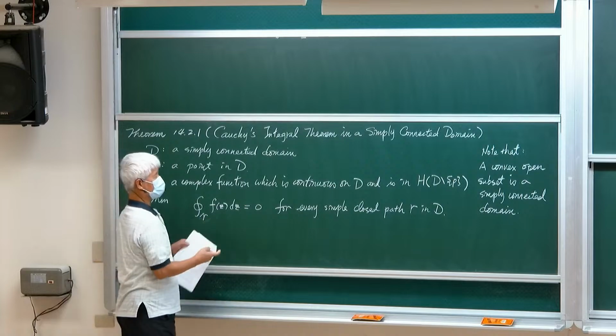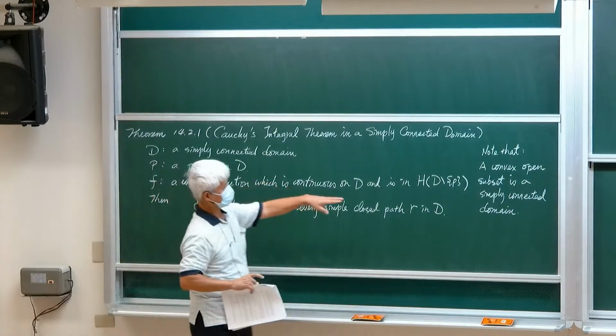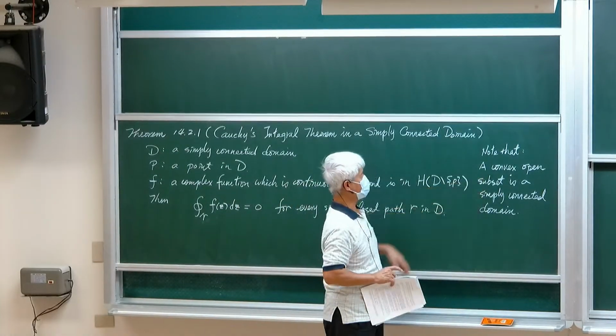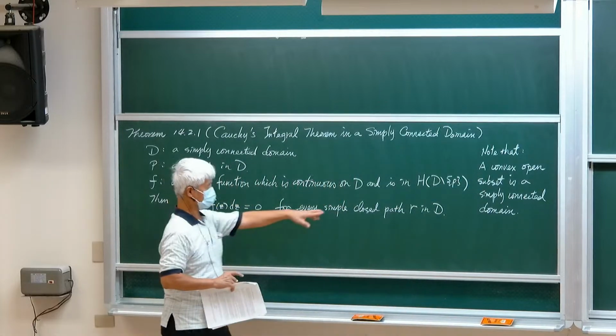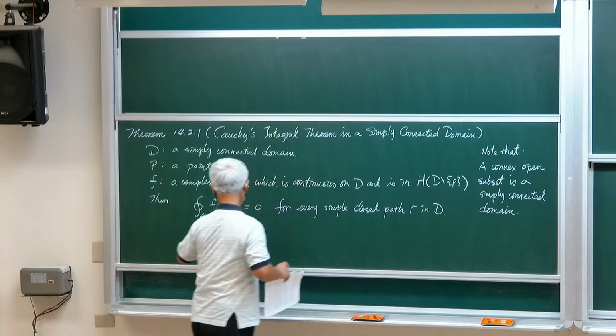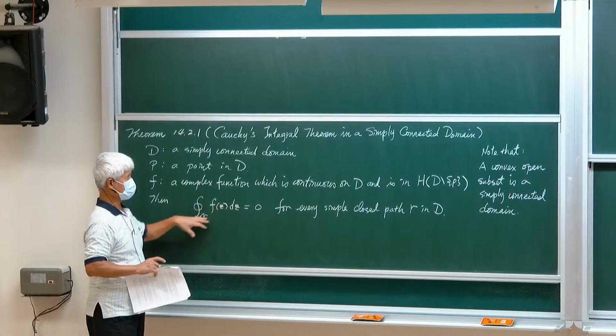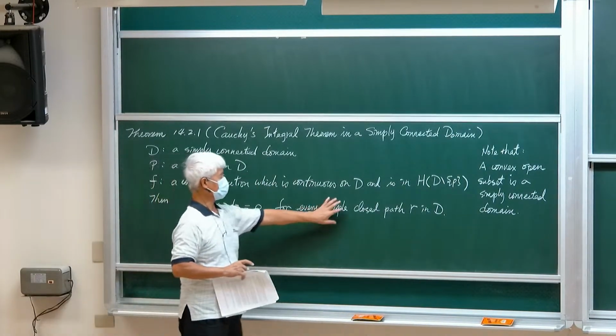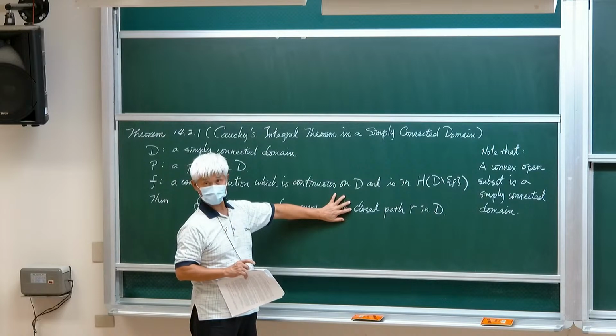So if D is a convex open subset, which is a very special type of simply connected domain, then this identity is true for every closed path, not necessarily simple.